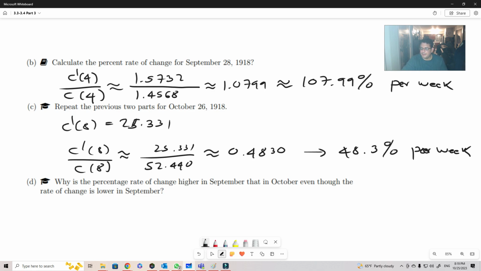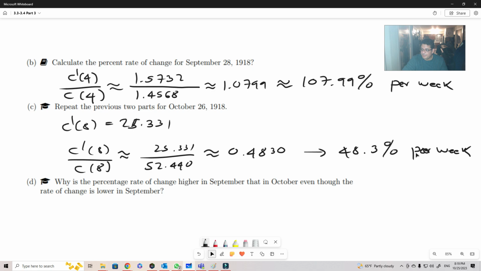Finally, we want to know why the percentage rate of change is higher in September than in October, even though the rate of change is lower in September. You're comparing C prime of 8 with C prime of 4, but then you compare the average rate of change.